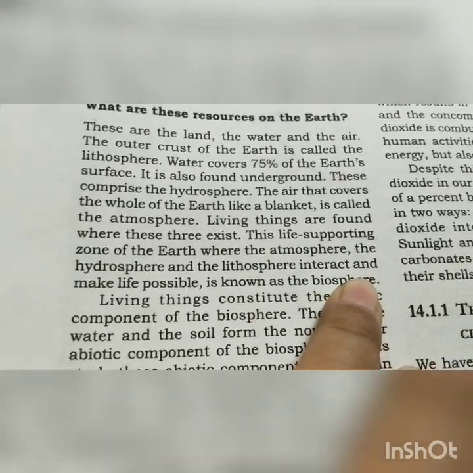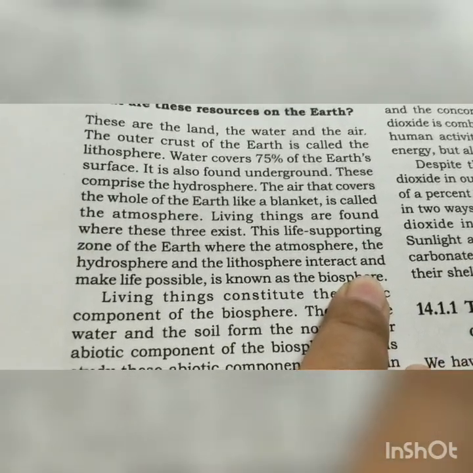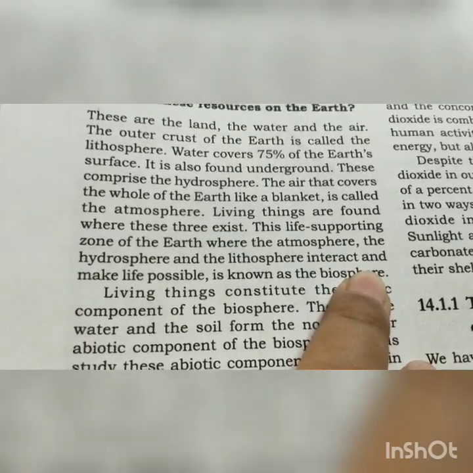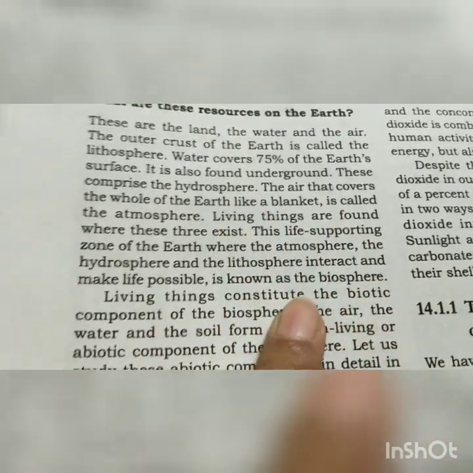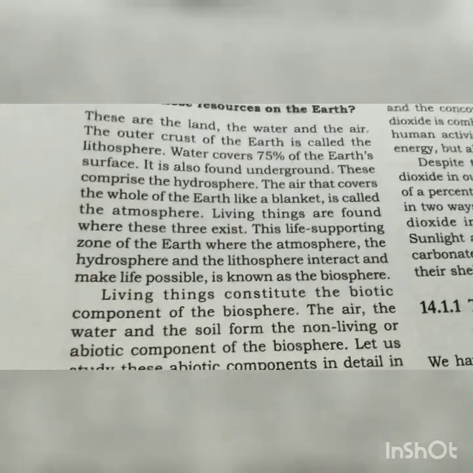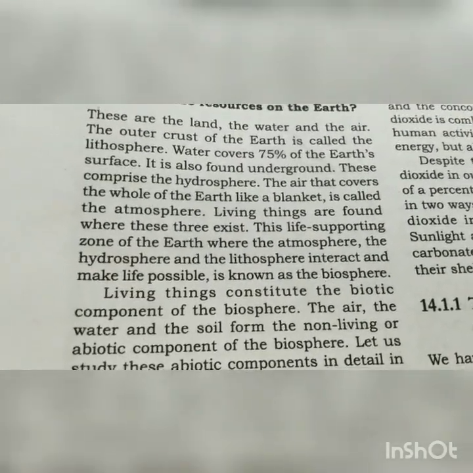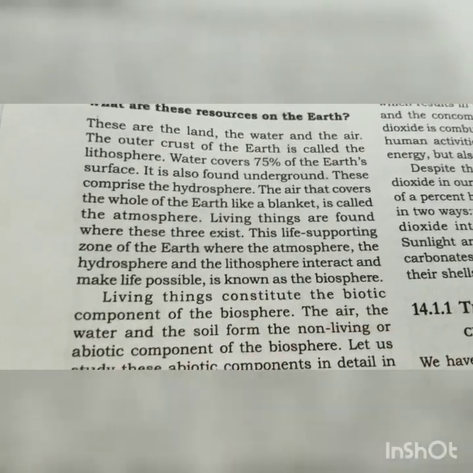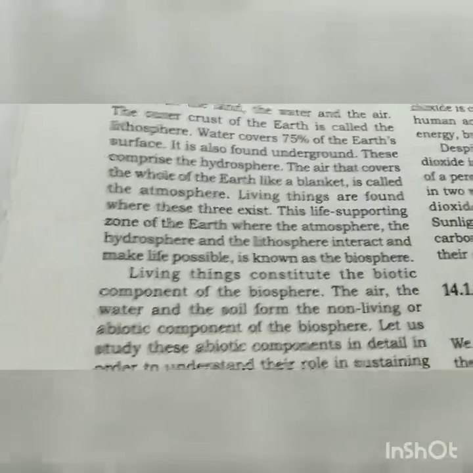So, living things survive in a place where all these three parts of the Earth interact, combine, and are connected with each other. That part of the Earth is called the biosphere, where the living organisms survive.